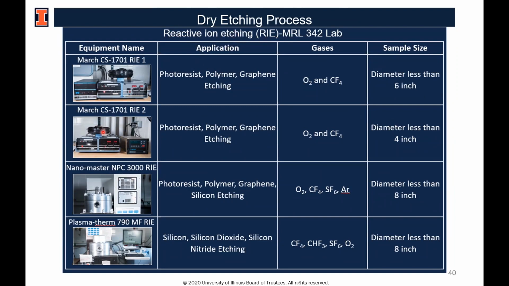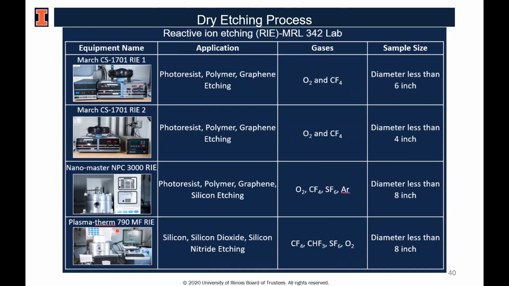The first two tools, the March CS 1701 RIE systems, are used to etch photoresist, polymer, and graphene. They use reactive gases such as oxygen and CF4 to etch the thin film, and we can accommodate a sample with diameter less than 6 inches. The Nanomaster NPC 3000 RIE is used to etch photoresist, polymer, graphene, and silicon. The reactive gases used here are oxygen, CF4, SF6, and argon, and we can handle 8-inch wafers.